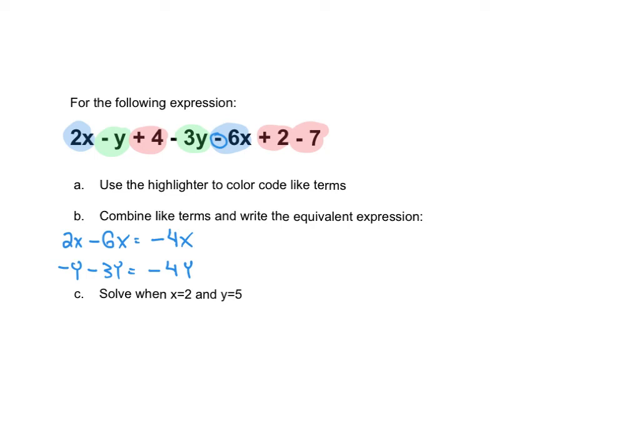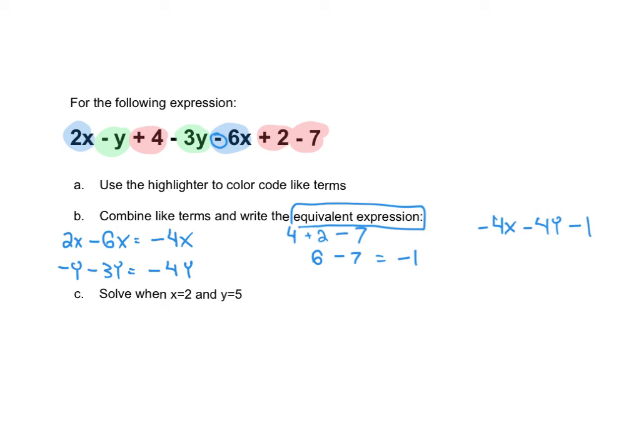We move into our constants. We have 4 plus 2 minus 7. 6 minus 7. So that is going to equal -1. So our equivalent expression is going to be -4x minus 4y minus 1.